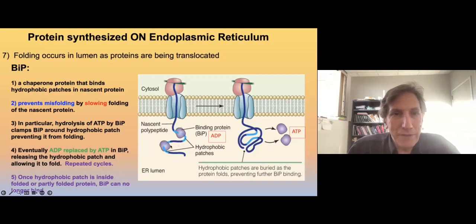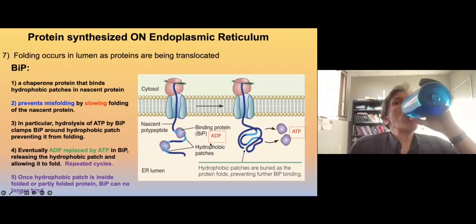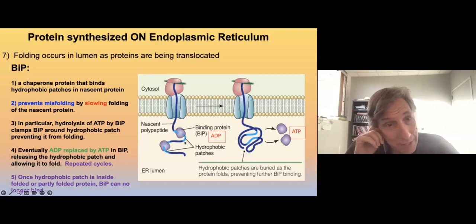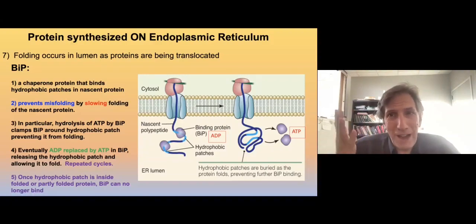So it's pushed in an unfolded form, and then it's folded by a chaperone, very much like what happens in mitochondria with HSP70, except that the chaperone here is called BiP, for binding protein. What it does is it folds the protein. And how do you fold proteins when there are so many different structures?